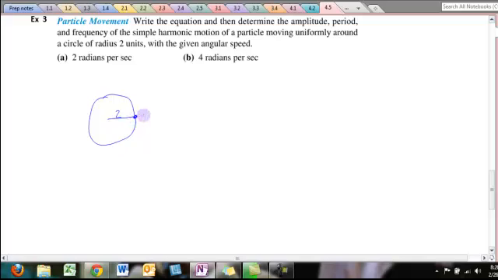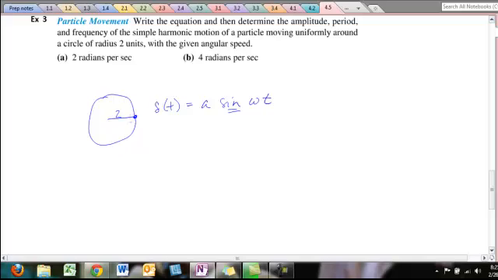So if I'm starting at 0 in this 0 position, then I'm going to use the equation for sine. So I'm looking for s(t) is equal to a sine of angular speed times t. Okay, so sine because I'm starting at 0.